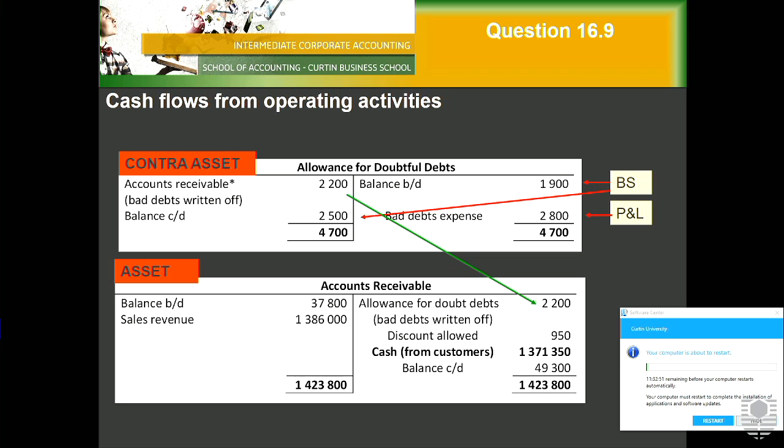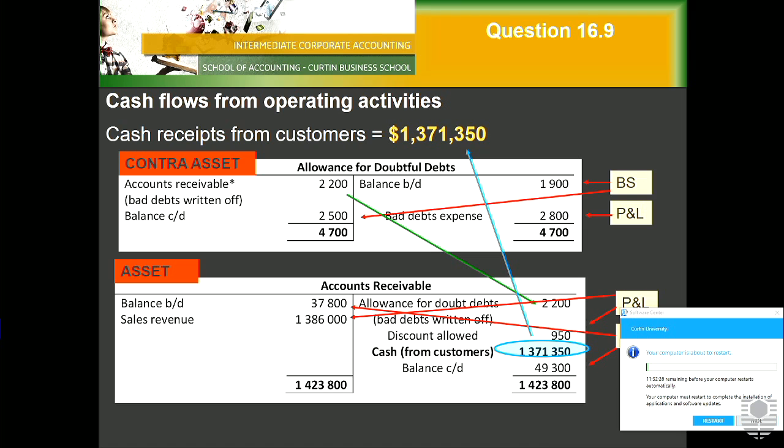The difference, so if you take the 1,423,800, minus out your allowance for doubtful debts, minus out your discount, minus out your closing balance, means the cash component must have been 1,371,350. So that's your cash receipts from customers.